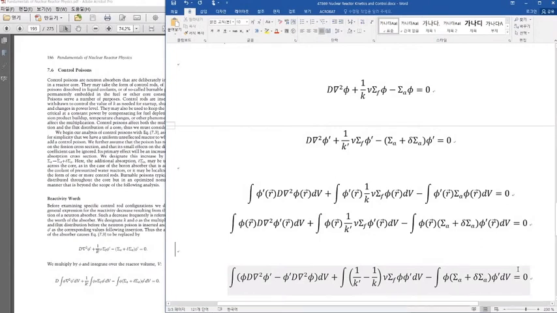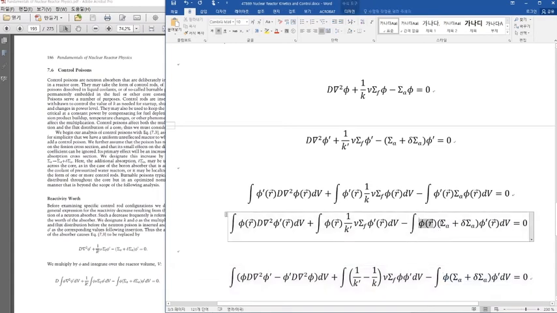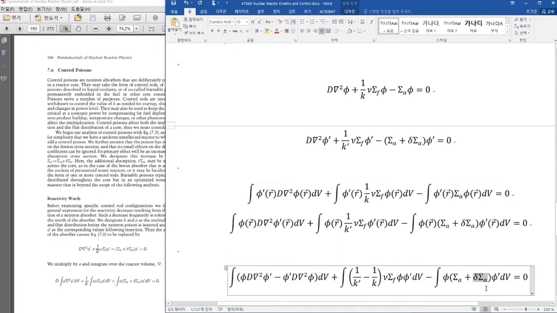And also, the last term would be, so we still have the same phi and phi prime. However, in the second term, we have sigma A and delta sigma A. In the first term, we only have sigma A. So this would be what will be remaining.